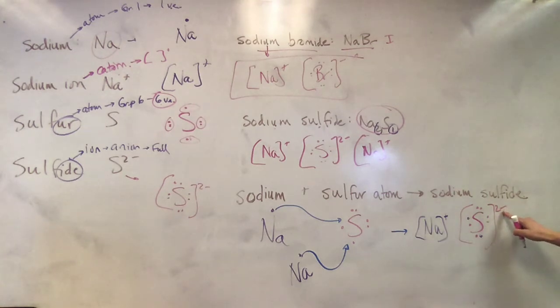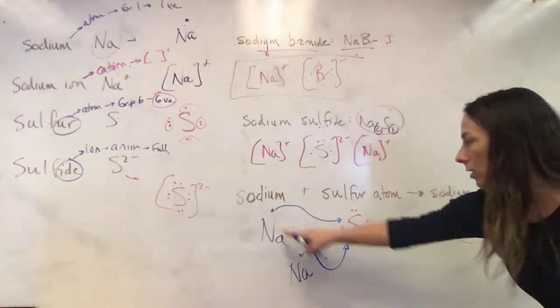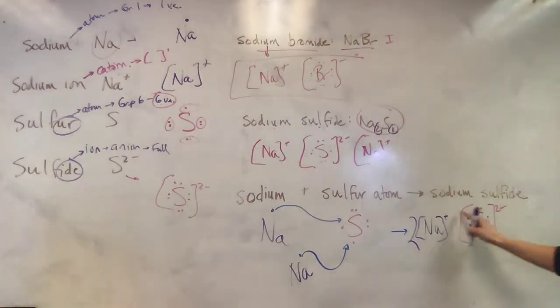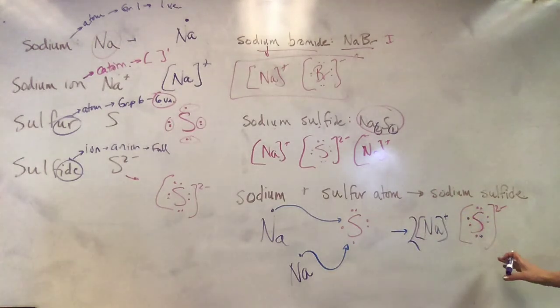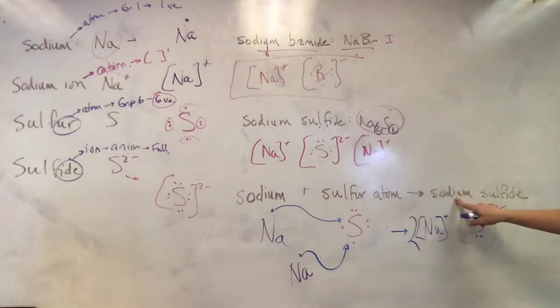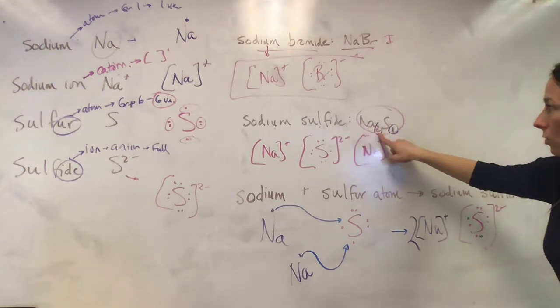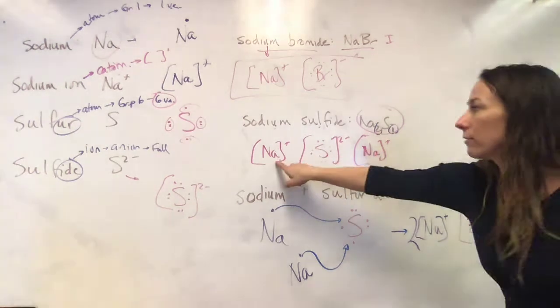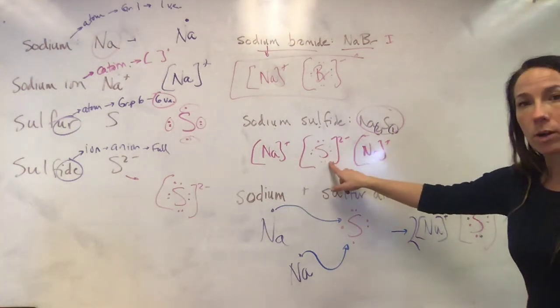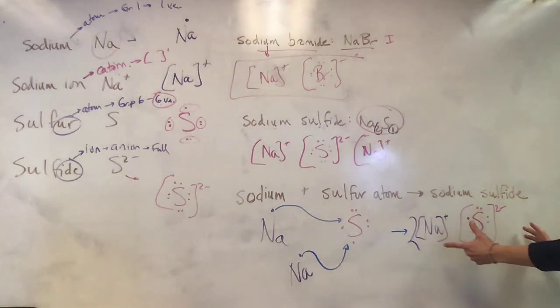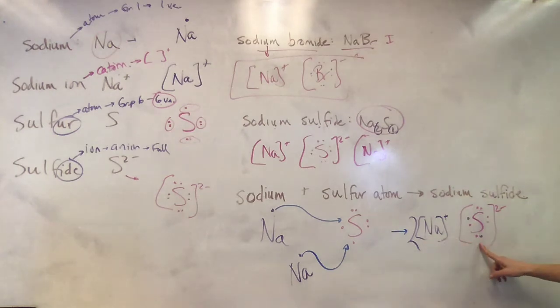It's super easy to see how it's a 2 minus charge, 2 extra electrons there. And I needed 2 sodiums for every 1 sulfur for that to happen. And indeed, when I did sodium sulfide up here and recognized it was sodium sulfide, I had to have 2 sodiums for my 1 sulfide, just like I have here, 2 sodiums for the 1 sulfide.